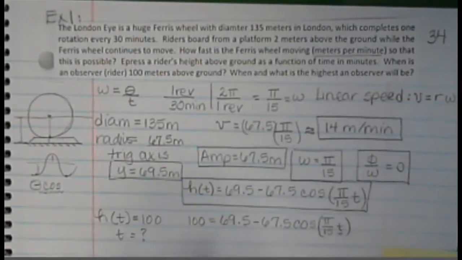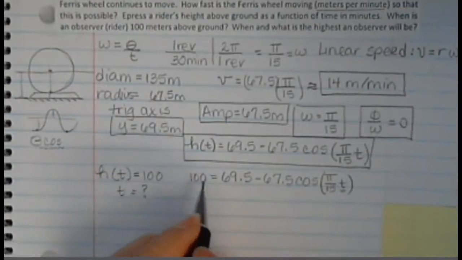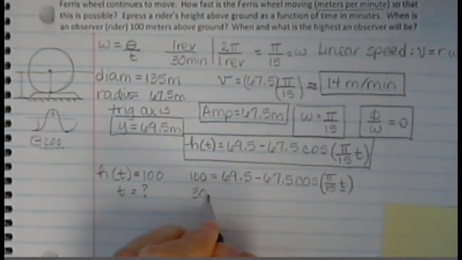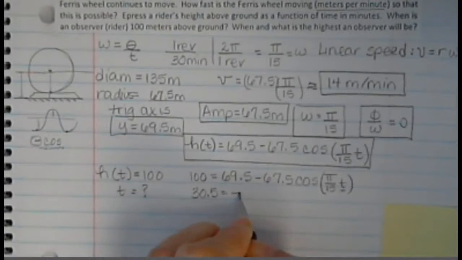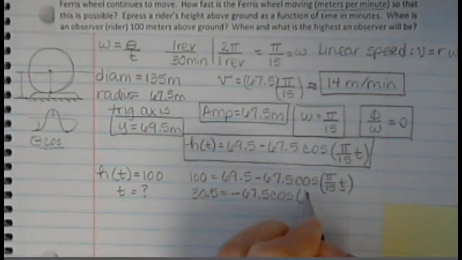So I'm going to solve for t. I'm going to do that by subtracting the 69.5, and I get 30.5 equals negative 67.5 cosine of pi over 15 t.